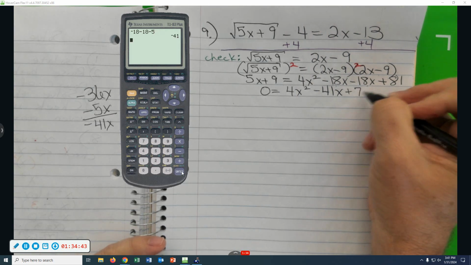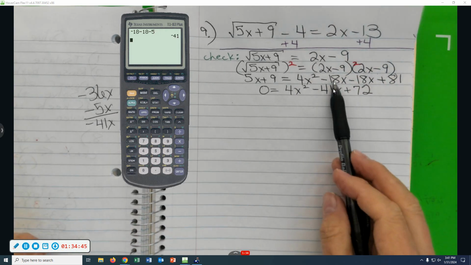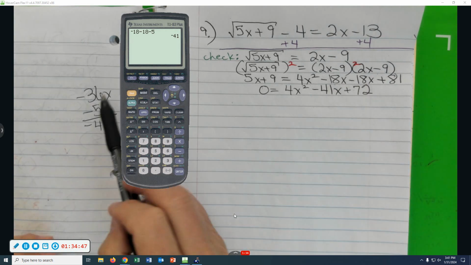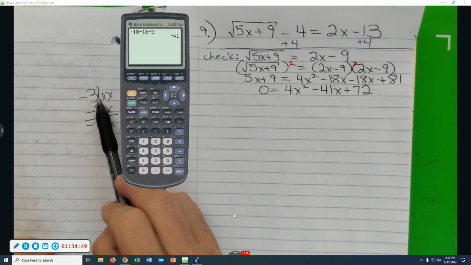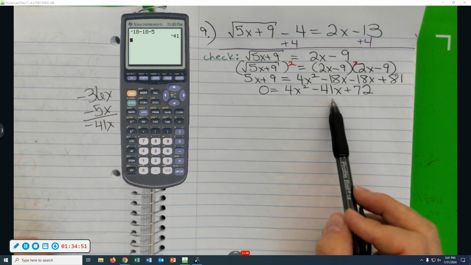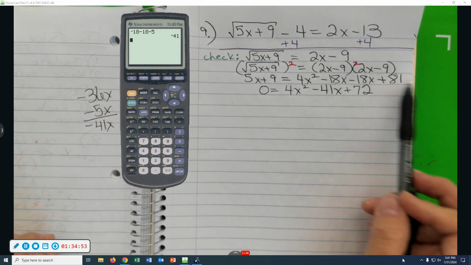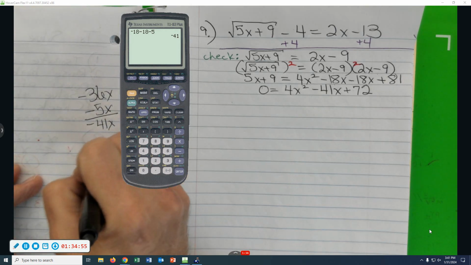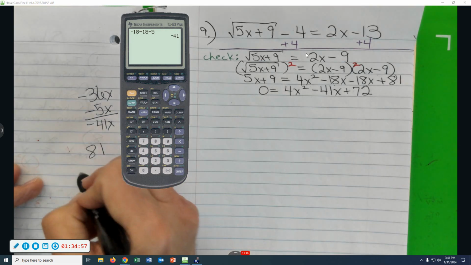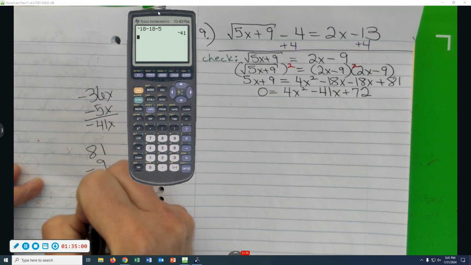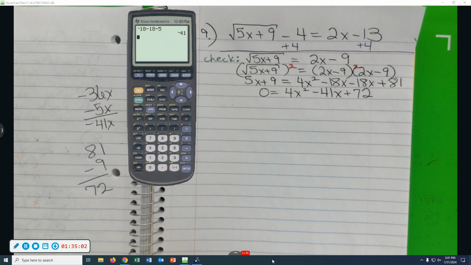Positive 72. Negative 18 minus 18 is negative 36. I subtracted 5. That gave me the negative 41. We had an 81. Subtract 9. 81 minus 9 gave me a positive 72.